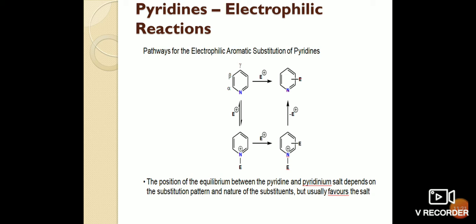The position of the equilibrium between pyridine and pyridinium salt depends on the substitution pattern and the nature of substituents, but usually favors the salt. So there is a salt formation in the first step, which is later on attacked by an electrophile. This resonates, there is a resonating structure, and finally the electrophile from nitrogen leaves and forms an electrophilic substitution which takes place in the ring.